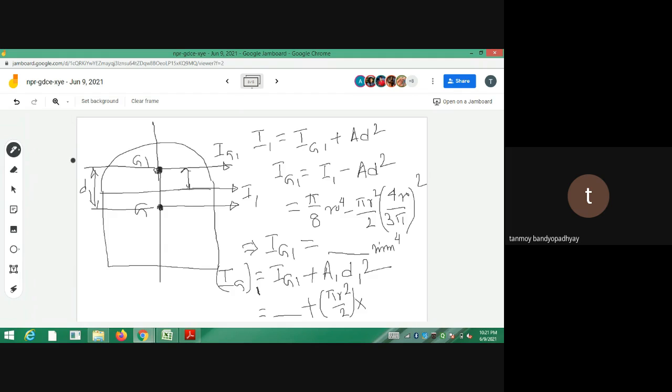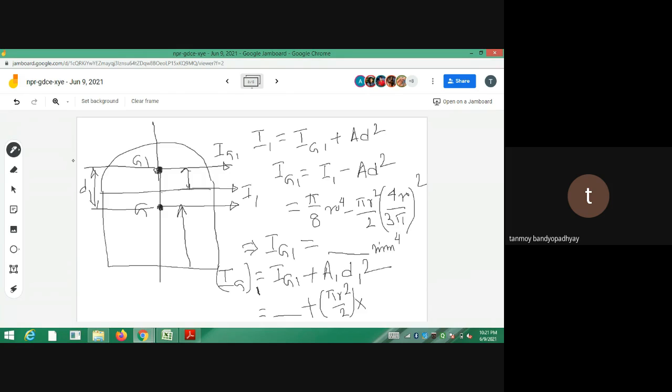I have calculated D1 in the notes also. D1 is 4r by 3 pi, and this side of the rectangle is 25, and from the bottom to this point, the distance is y bar, which is 22.7.